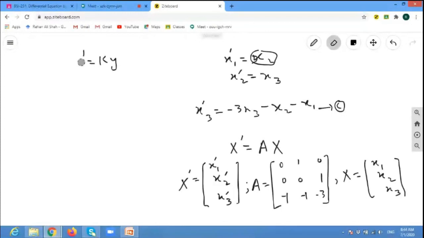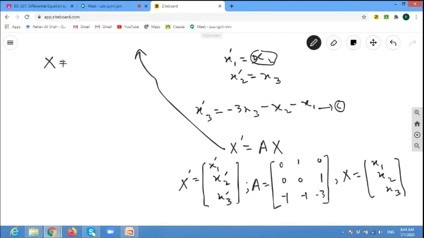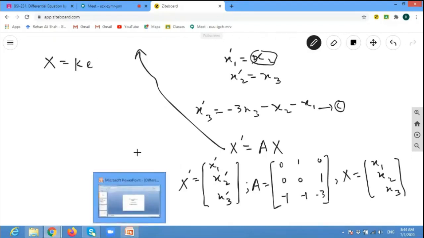So what do you expect the solution of x dash is equal to ax to be? आप क्या एक्सपेक्ट कर सकते हैं इसका सॉल्यूशन?